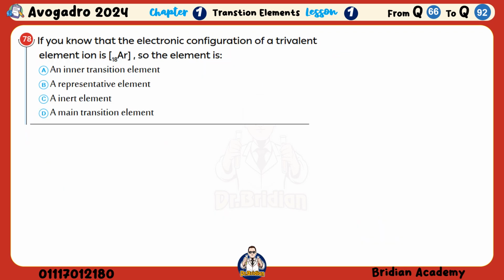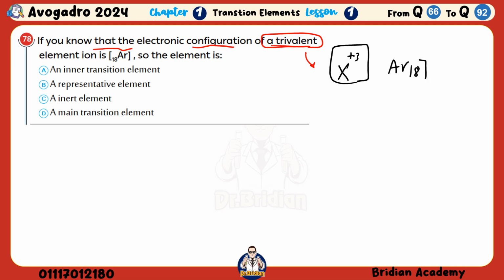Question number 78. If you know that the electronic configuration of a trivalent element, let's refer to it with the symbol X plus 3, that means it's a trivalent element, is argon 18 only. Argon 18 is a noble gas followed by 4s sublevel and 3d sublevel.